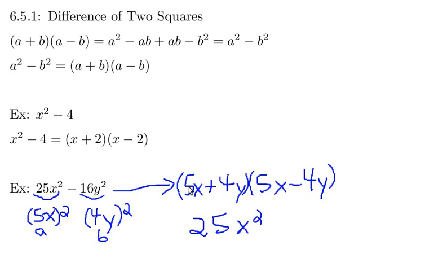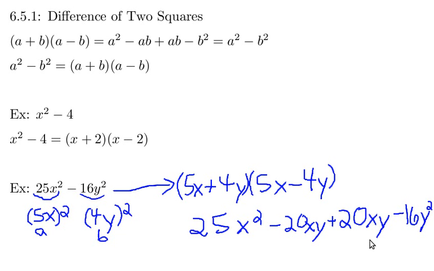squared. And then 5x times minus 4y will give us minus 20xy. 4y times 5x will give us plus 20xy. And then plus 4y times minus 4y will give us minus 16y squared.